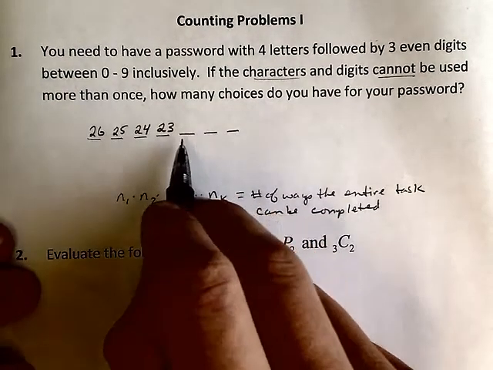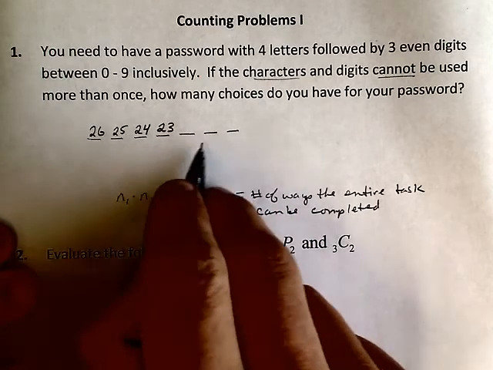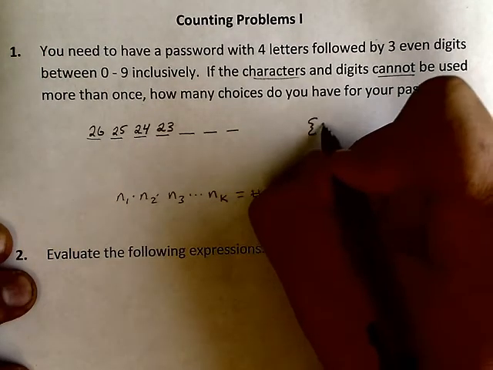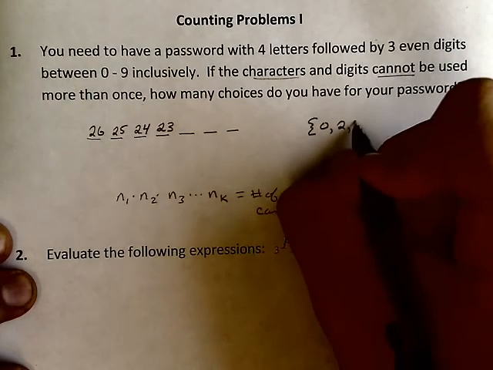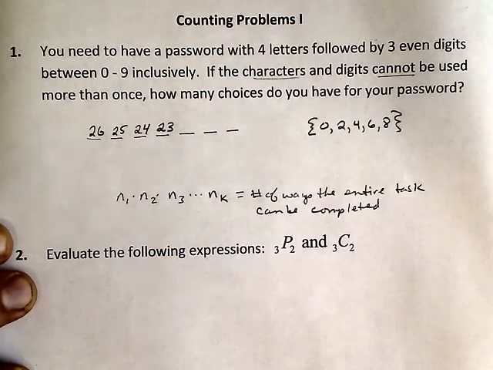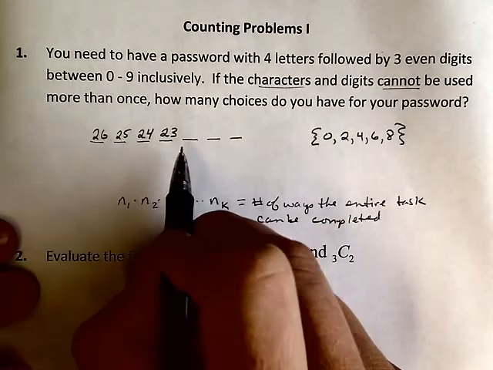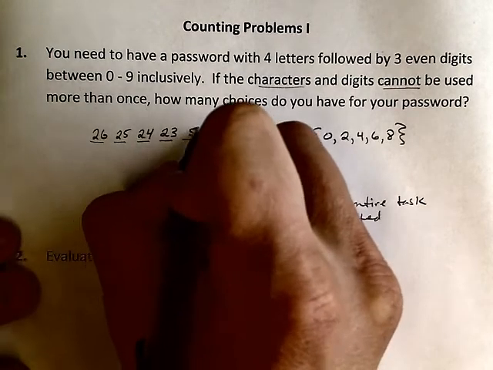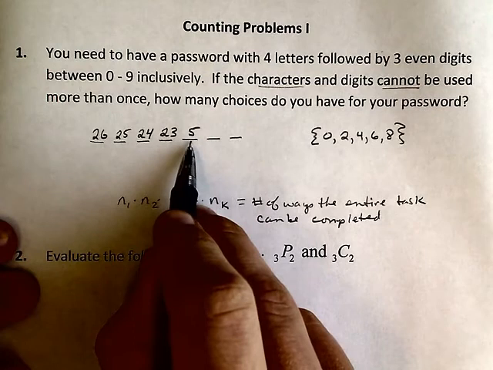Now, the remaining 3 characters here must be even digits. So if I think about the even digits that I have, if it's between 0 and 9 inclusively, I've got 0, 2, 4, 6, and 8. Okay? And so if I think about this first even digit, there's 5 ways that I can have an even digit here.